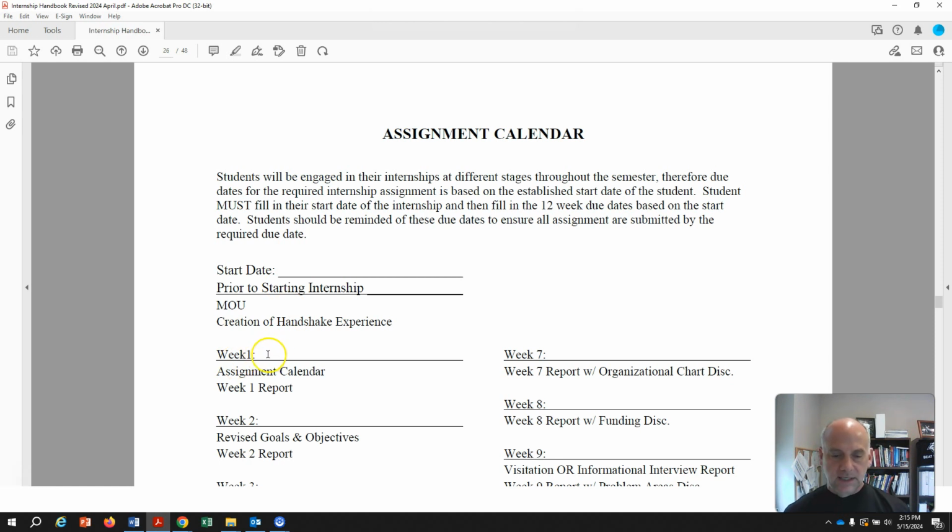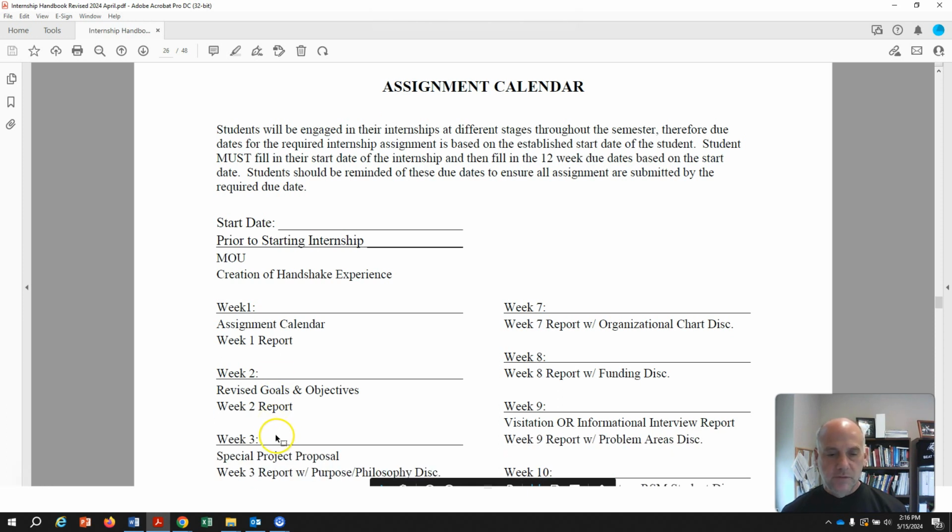Week 1 assignments would be due the following week. So during that first week, you're working on your week 1 assignments. Week 1 was the 13th through the 17th. I'd be looking for your assignments to come in on the 20th. Then May 27th, and then move into June.